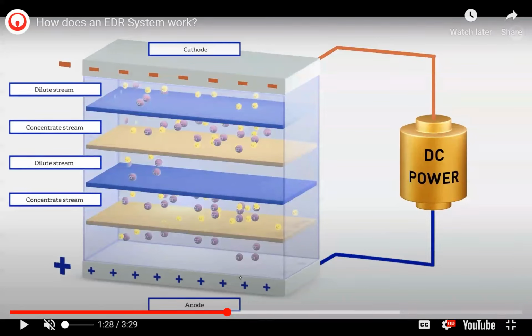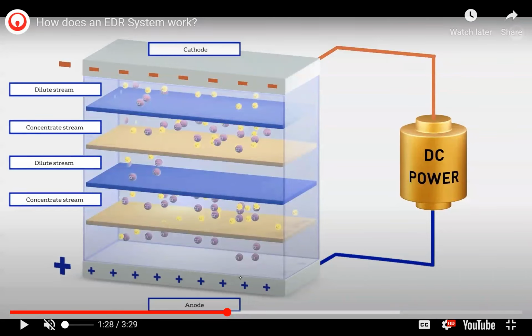From this compartment the Na plus will come, and from this compartment Cl minus will come, so it will regenerate NaCl here, and this compartment will become concentrated, and this stream becomes diluted, this also and this also become diluted.